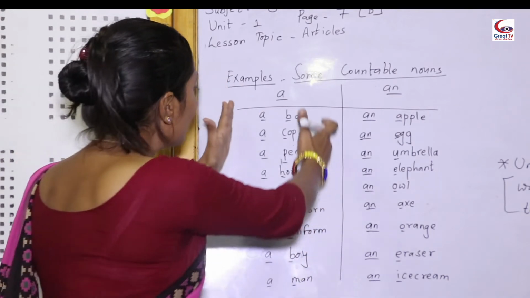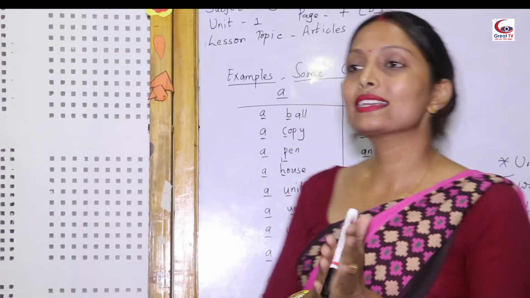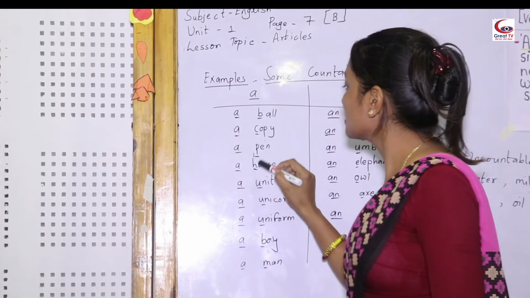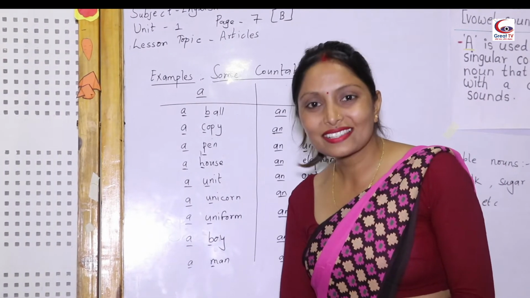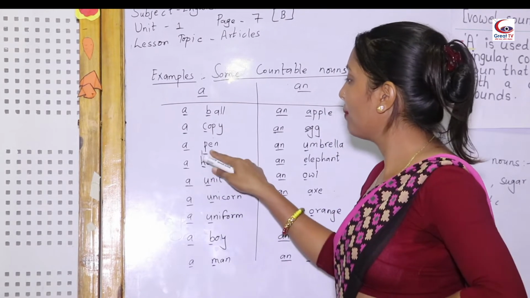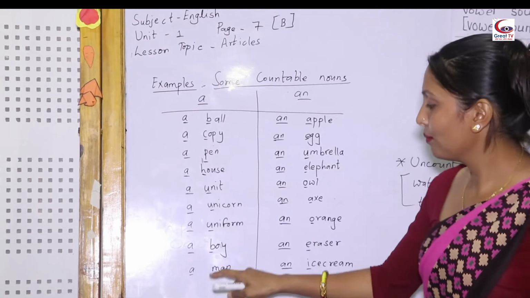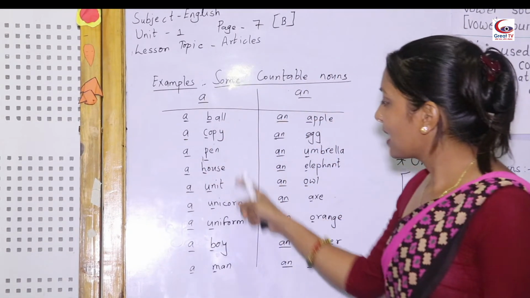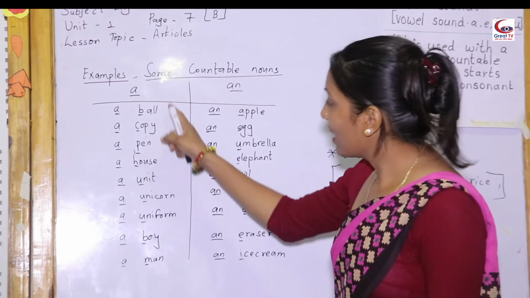Do you find out these words? Can you guess which sound these words are starting with? B, K, P, H, U, B. Guess what type of sounds these are.